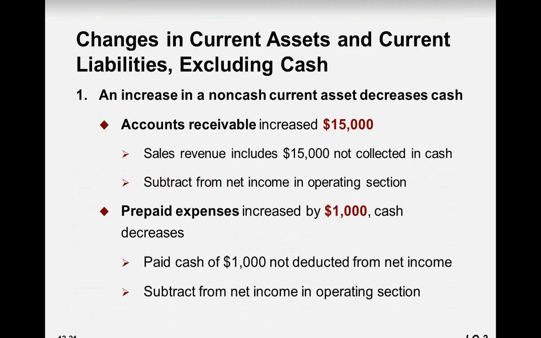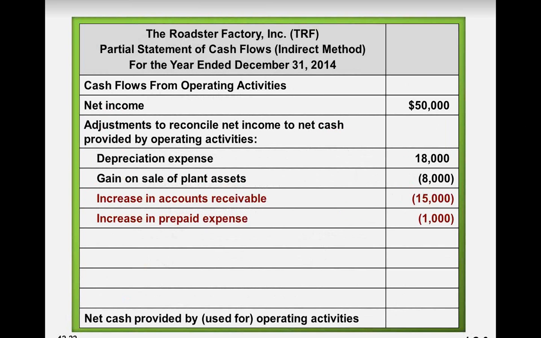So because they increased, we subtract it. And if we go back to our chart that we were looking at on page 670, it told us that if we had an increase in current assets, then we would subtract it. So that's the procedure for those two, and a little bit of reasoning of why.